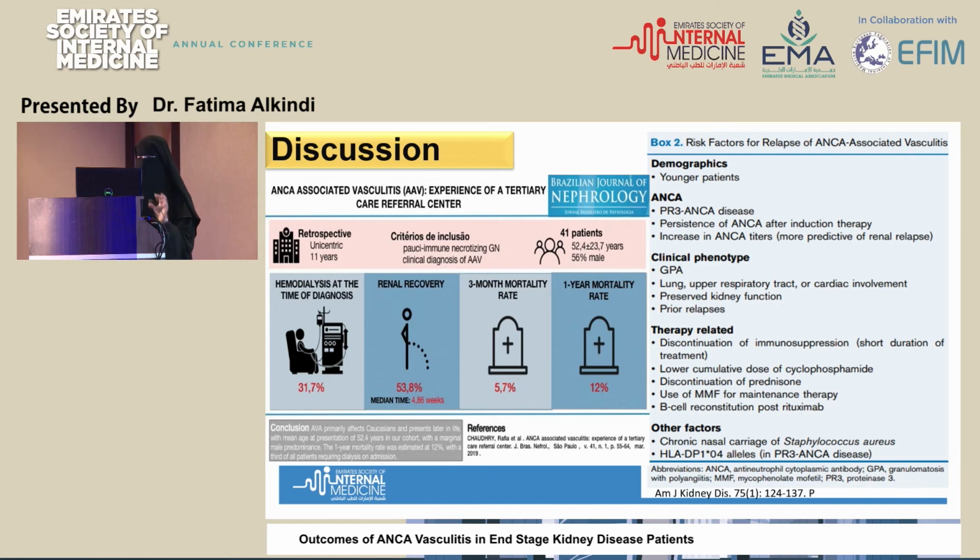Some also advocate for genetic predisposition as one of the risk factors. But patients maintained on hemodialysis have a very, very low risk of relapse, accounted to 0.08 per episode per year. In our cohort, you have seen it was 57%.